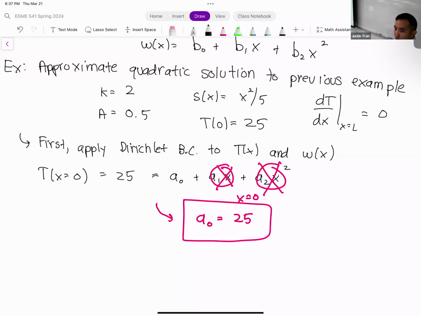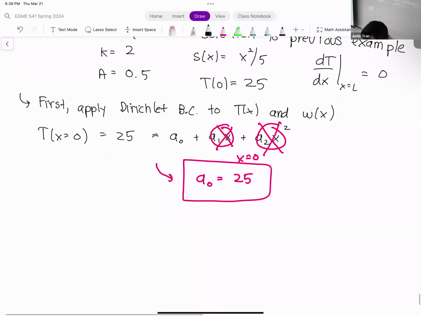Generally speaking, the higher order polynomial you use, the more accurate the solution. If we use a cubic function, that's going to be more accurate, though it's more costly to do. But mostly we're going to be limited to just linear functions and quadratic functions.